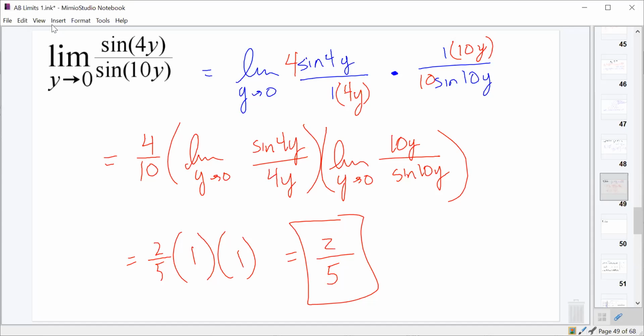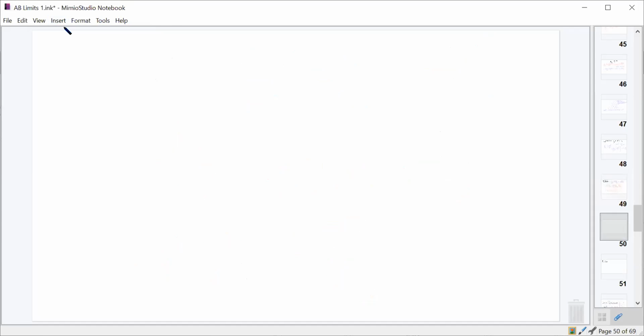All right. We are going to throw in an extra page here, and I want you guys to help me out with finding this limit. Any ideas with that one? How about we rewrite the tangent?